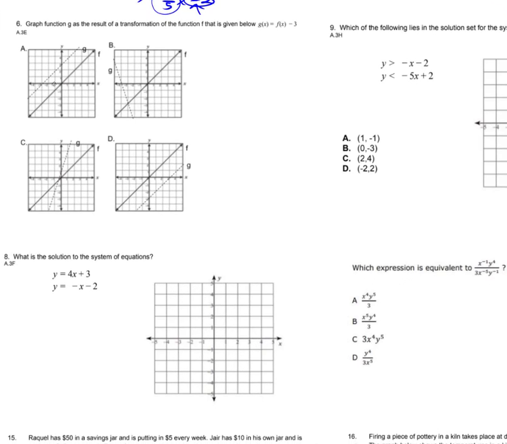6 says graph function g as the result of a transformation of the function f that is given below. And they tell us what the transformation is. They say this transformation is negative 3. You have your f of x and you're subtracting 3 from it.